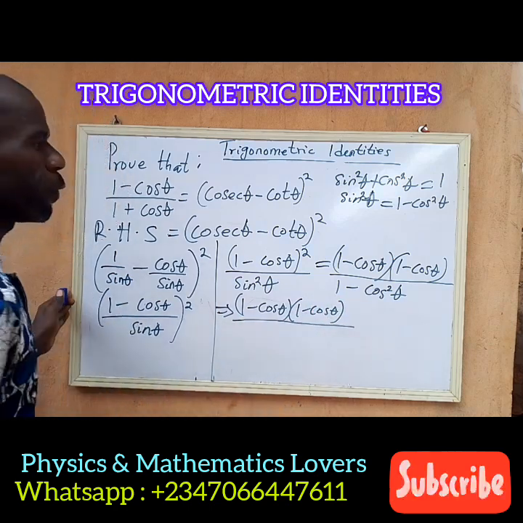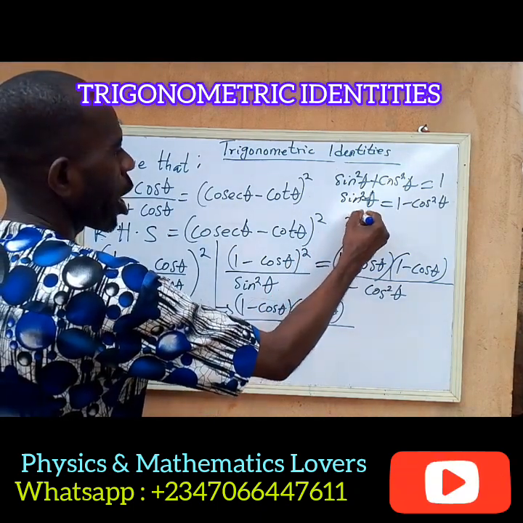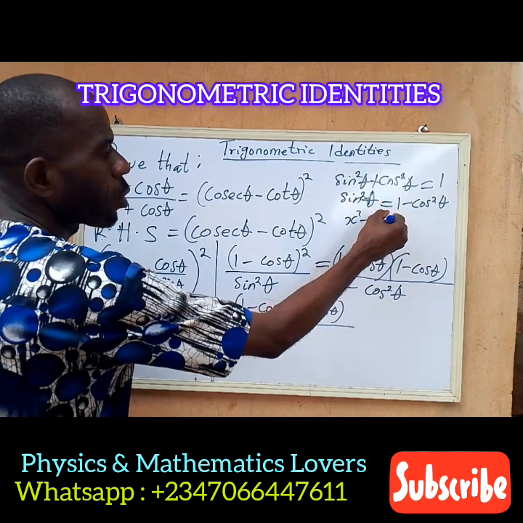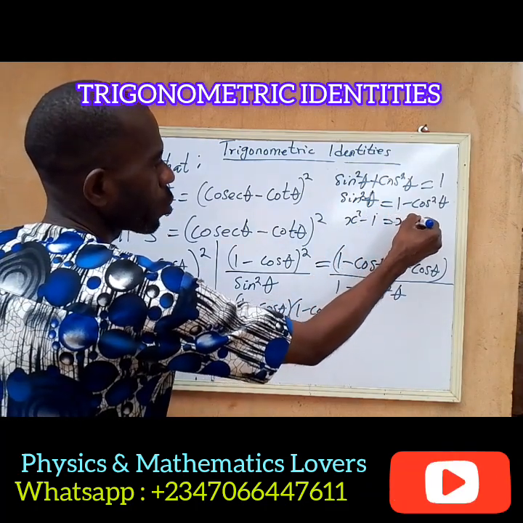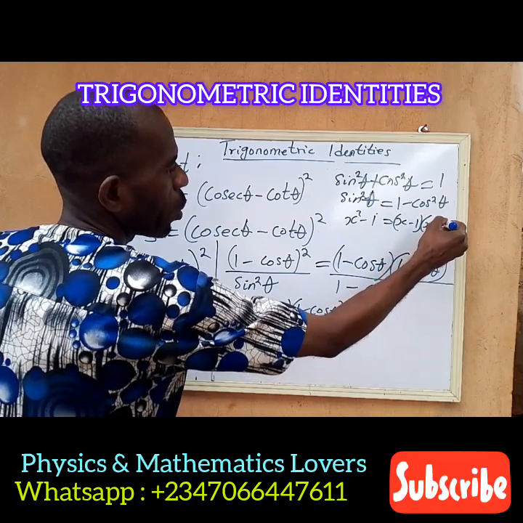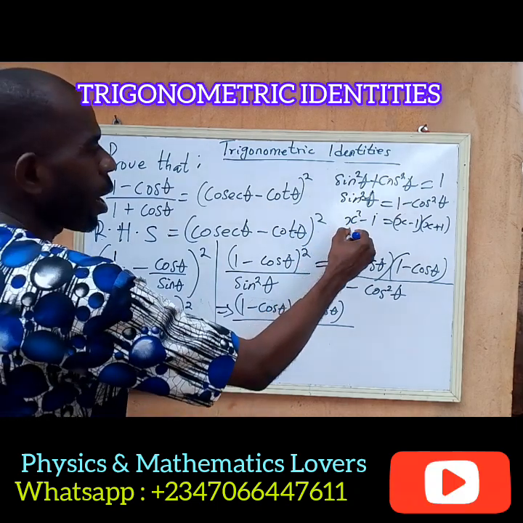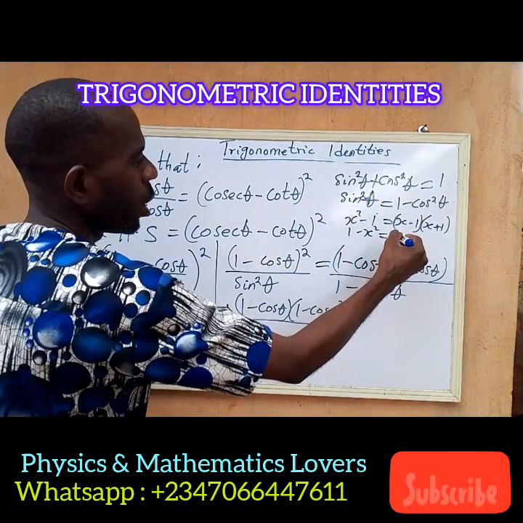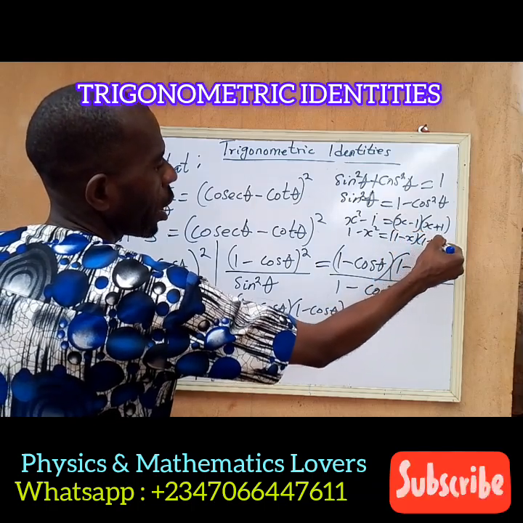You have to remember that in algebra, if I have x square minus 1 squared, that is x minus 1, then x plus 1. If it is turned the other way around, by having 1 minus x square, it becomes 1 minus x, then 1 plus x.